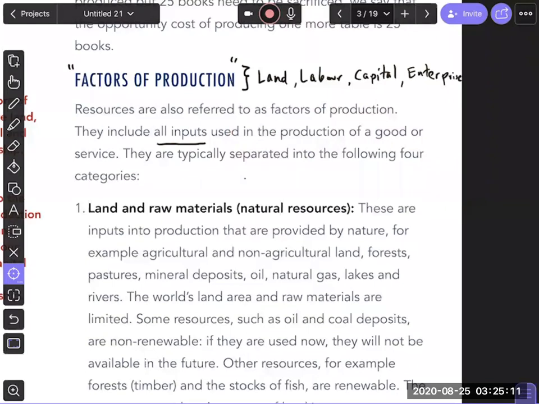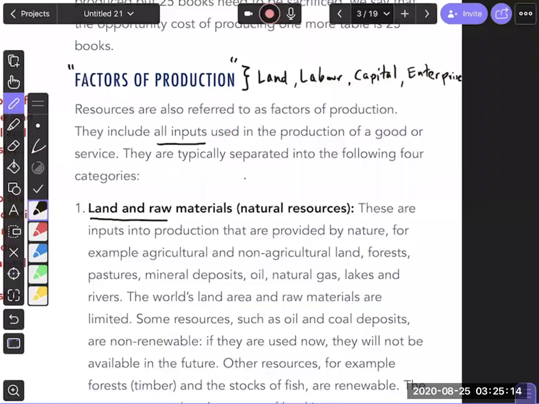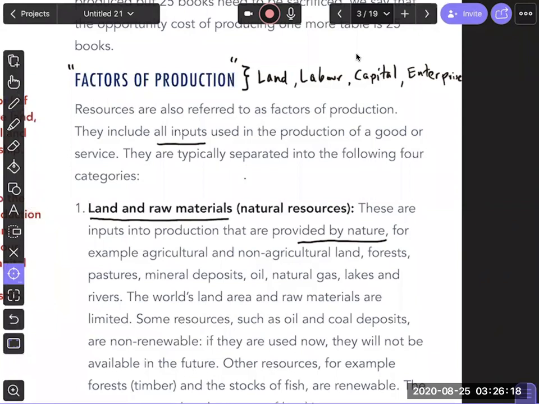One is land. Land, by definition, can also be called raw materials. But land is something which is provided by nature. We say it's nature's gift because we are using that. And land is a big category. In land we are including things like agricultural land or non-agricultural land, like these plots where we build buildings.